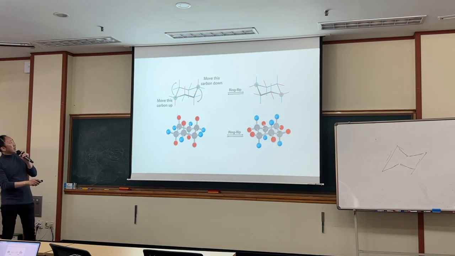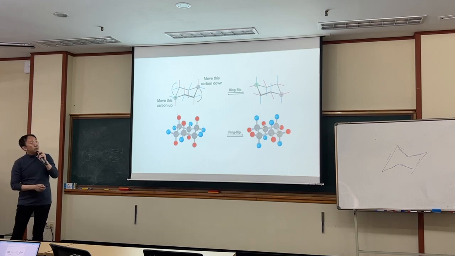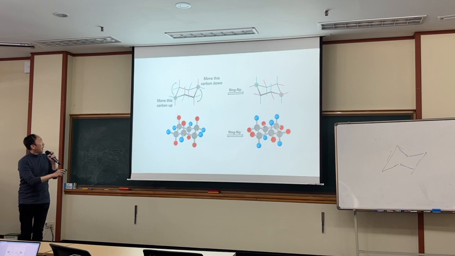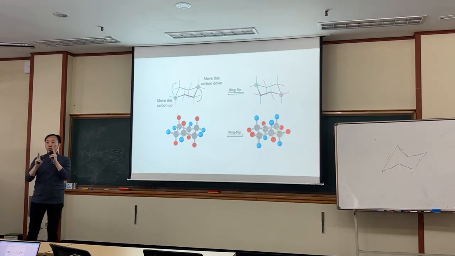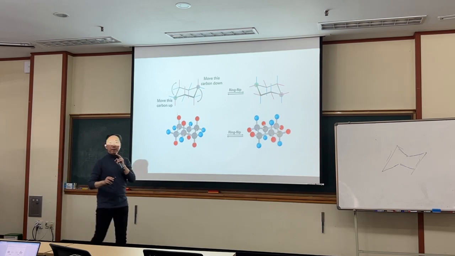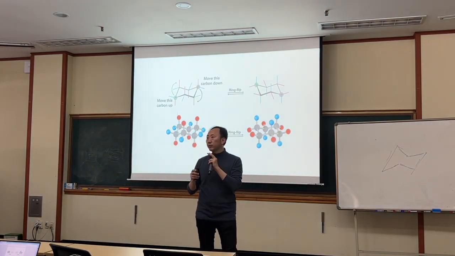If you change it like this, now this red color, which originally was axial, changing the conformation, becomes equatorial now. If you have H and D, deuterium, then you can note that those two structures are not the same. This is also a case of conformational isomers.